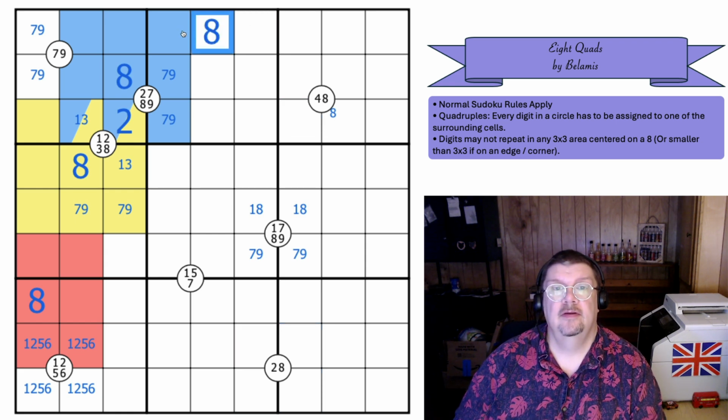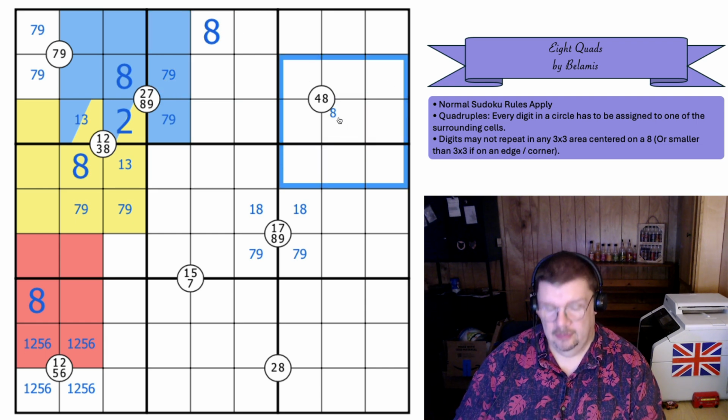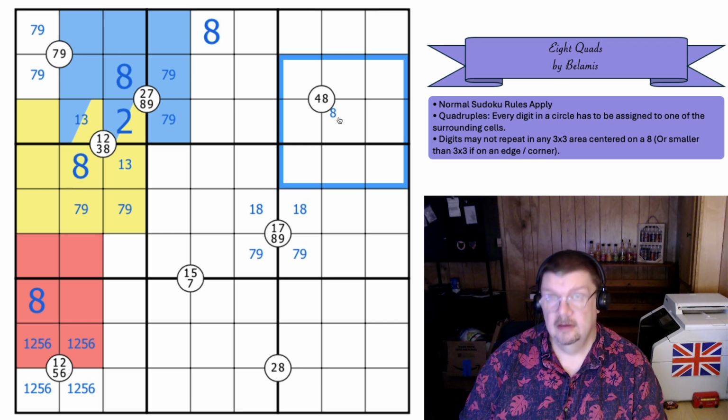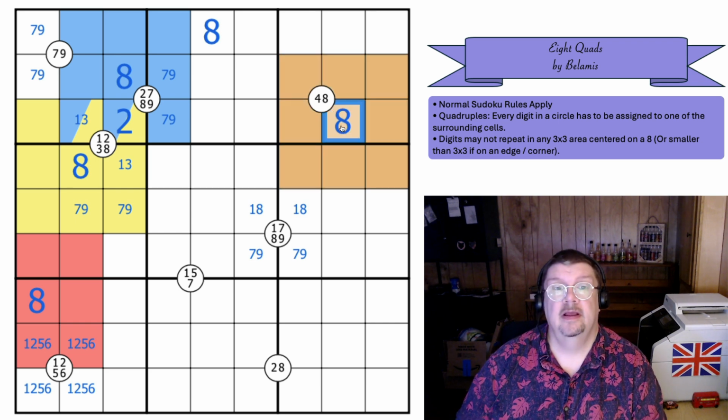So that's an 8. This does not give me a useful extra region. I'm not going to bother colouring it because they have to be unique anyway because they're in the same box, but this one does. So I'm going to give that another colour, mark that 8.